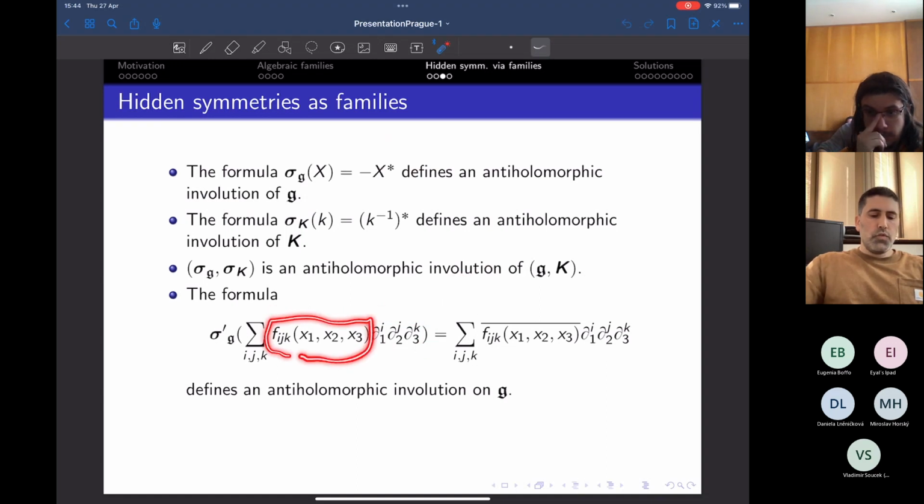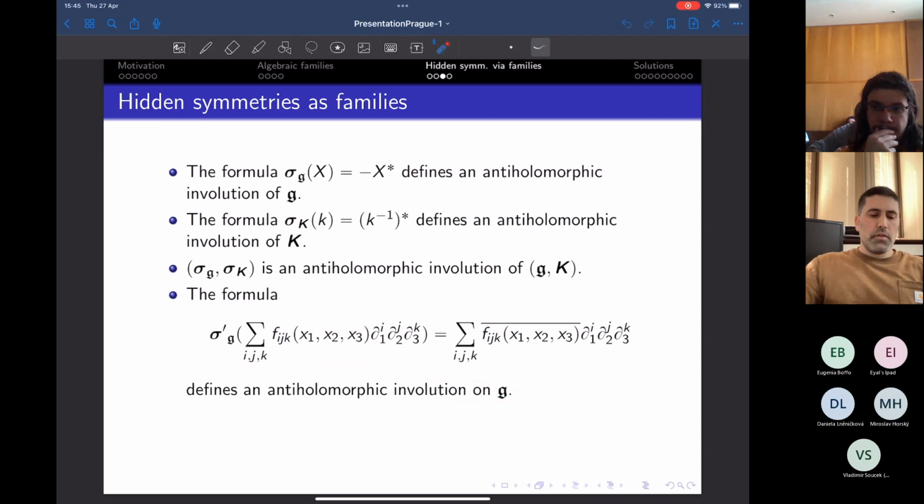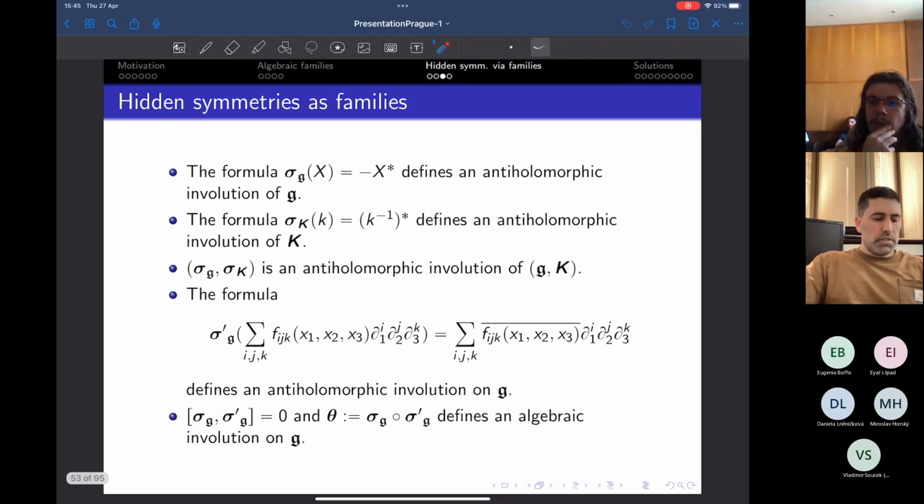If you just take complex conjugation of these coefficient functions, this is also an anti-holomorphic involution of this family. Out of these two anti-holomorphic involutions for G, since you can do a small calculation and see that they commute, you can compose them. It doesn't matter in which order, of course. You get an algebraic involution theta of this family of complex Lie algebras.